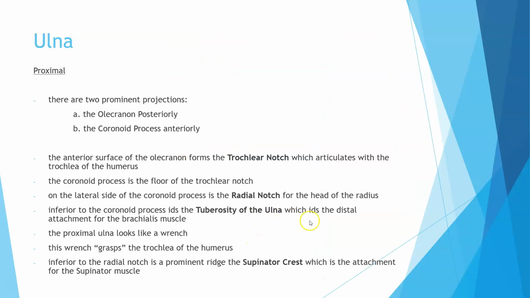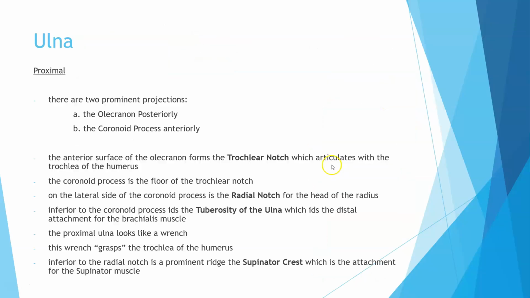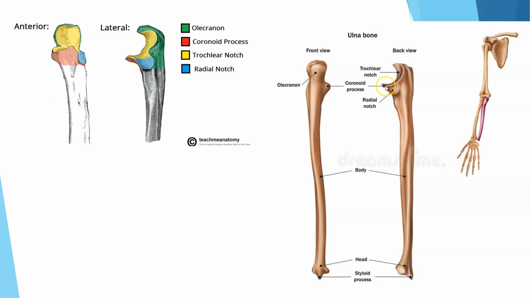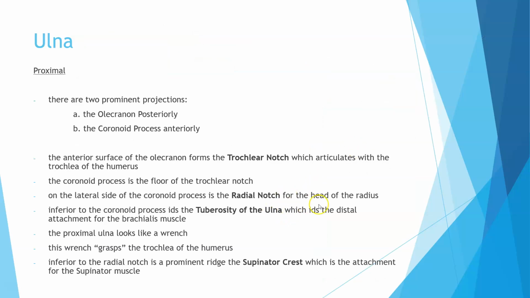We can see here the tuberosity on the inferior part. That would be the place where brachialis finds its distal attachment. So inferior to the coronoid process, right here, we see the ulnar tuberosity, which is the distal attachment for brachialis.